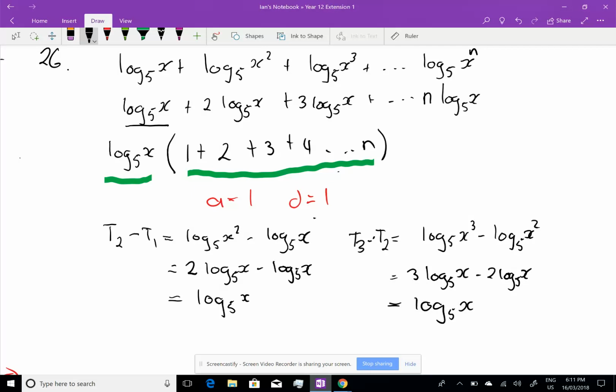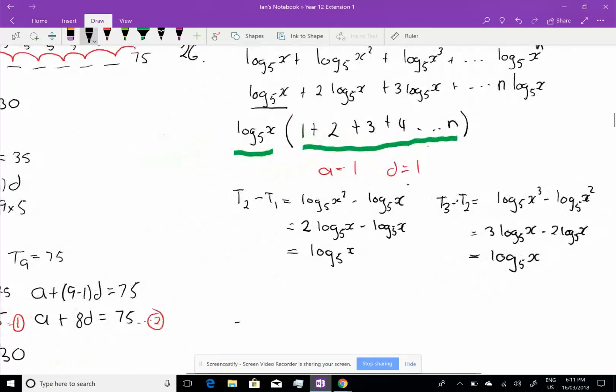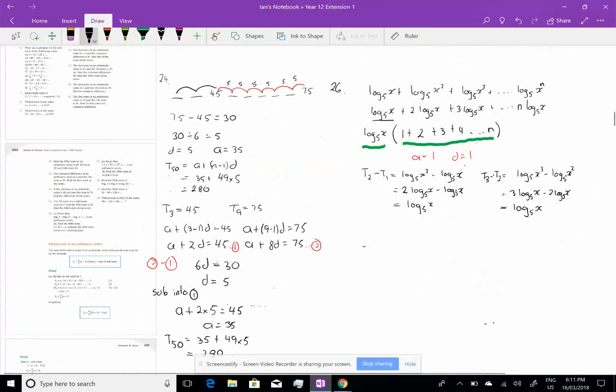Which says these things have a common difference, and if they have a common difference, they're essentially an arithmetic series. Well, either way would be good. So let's do B.